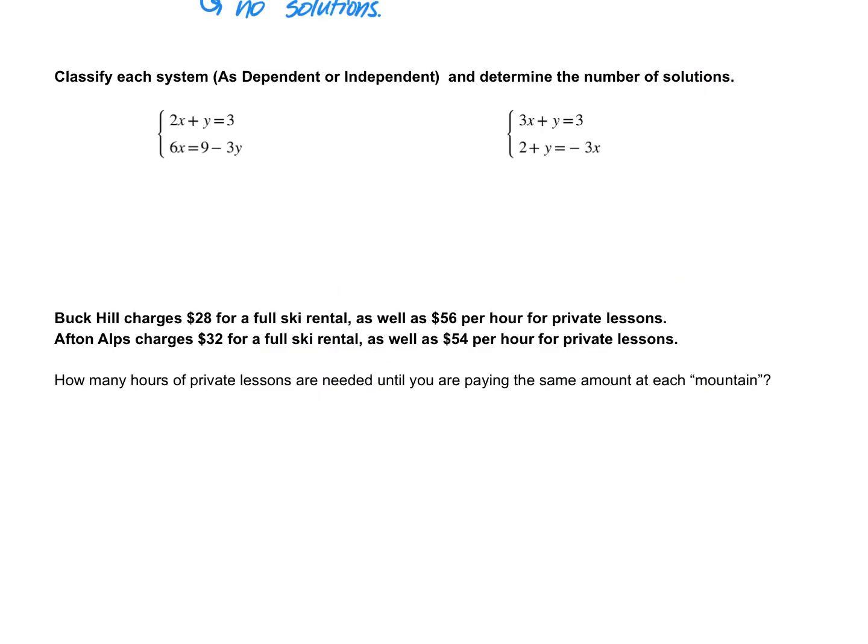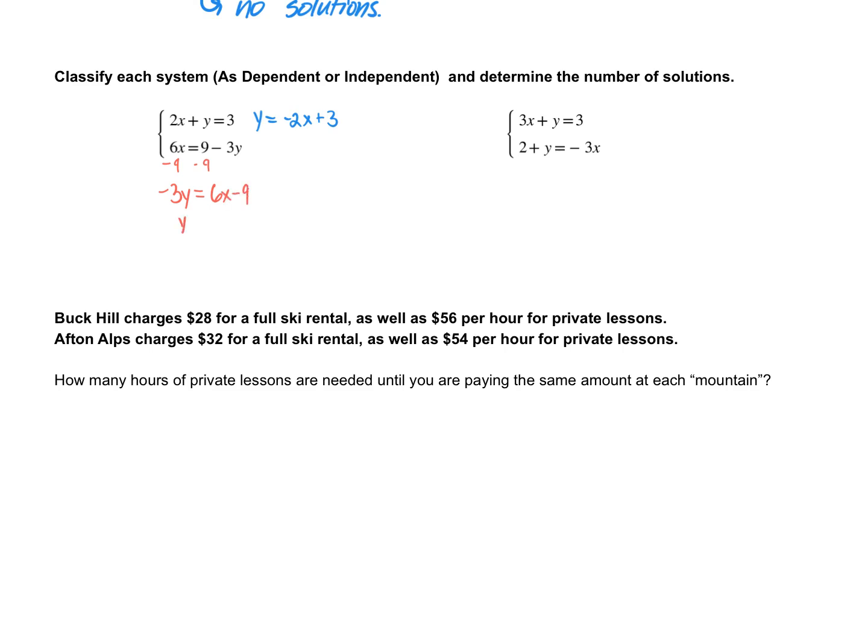So a couple more. We want to classify it as dependent or independent and determine the number of solutions. So I'm going to solve both of these equations for y. The first one, I'll subtract the 2x, so I get y equals negative 2x plus 3. The second one, maybe I will subtract 9, so negative 3y equals 6x minus 9.